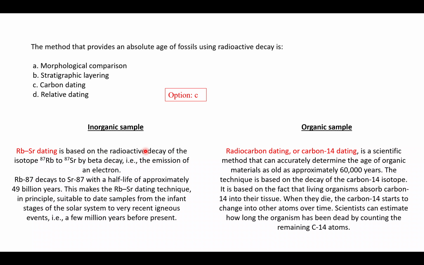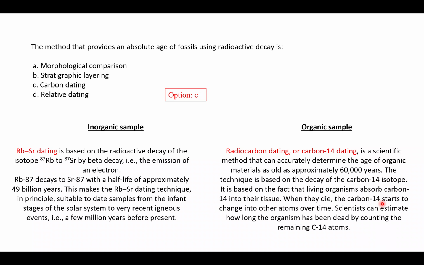As I said, if the sample is organic, then it is radiocarbon dating or carbon-14 dating. Remember, it is not carbon-12, it is carbon-14 dating. It is a scientific method that can accurately determine the age of organic material as old as approximately 60,000 years. What is this carbon-14? It is based on the fact that living organisms absorb carbon-14 into their tissue while they are alive.